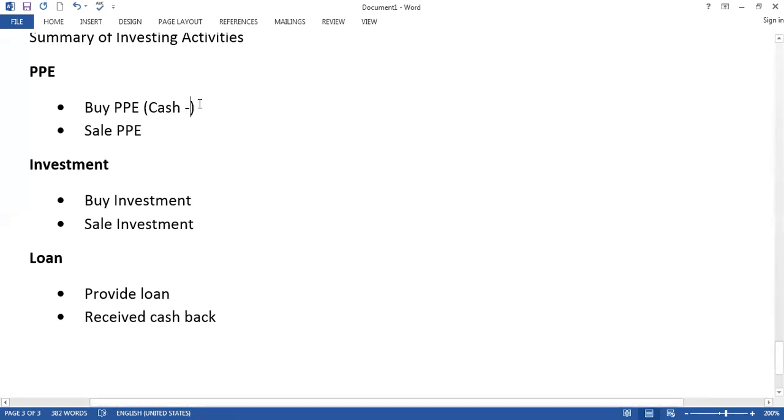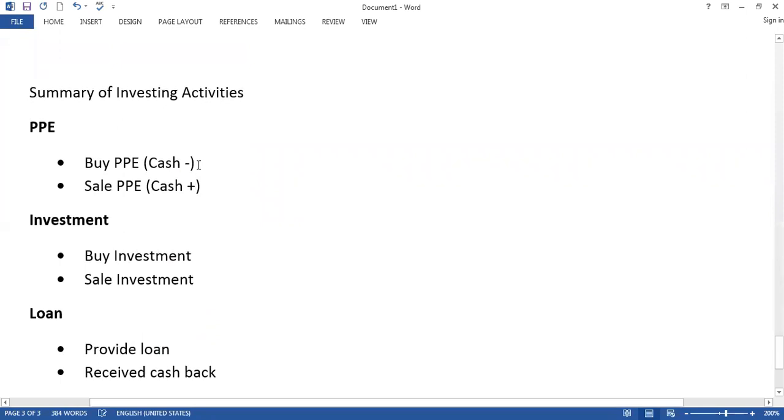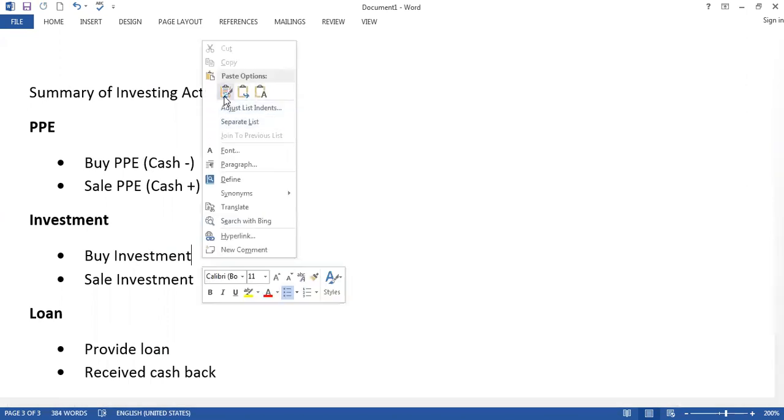Cash minus and cash plus. So this is the summary you should remember, because you cannot write investing activities under operating activities.